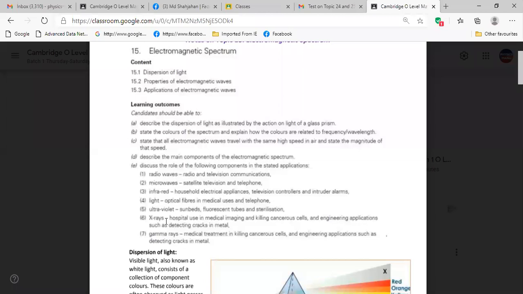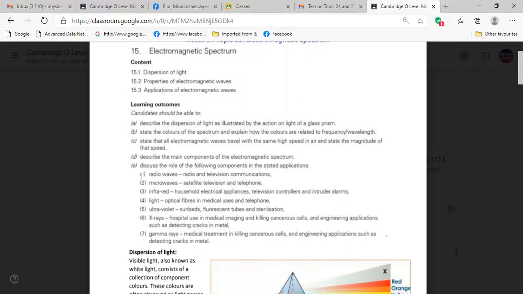Read here: imaging in hospitals, medical imaging and killing cancerous cells, and engineering applications such as detecting cracks in metal. So X-rays and gamma rays both have these two properties: killing cancerous cells and detecting cracks in metals, right?